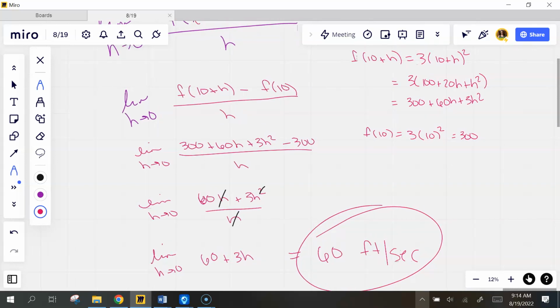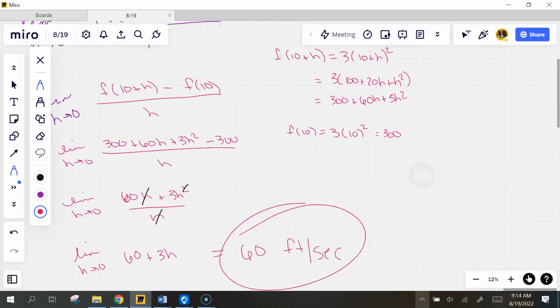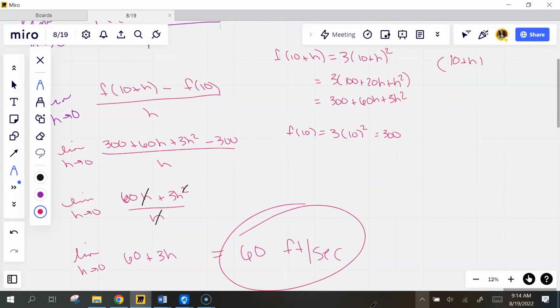It's 10h plus 10h, which is 20h. If you foil out 10 plus h, 10 plus h, you get 100 plus 10h plus 10h plus h squared. It's always the algebra. Notice the units, always keep the units in your answer, very important.